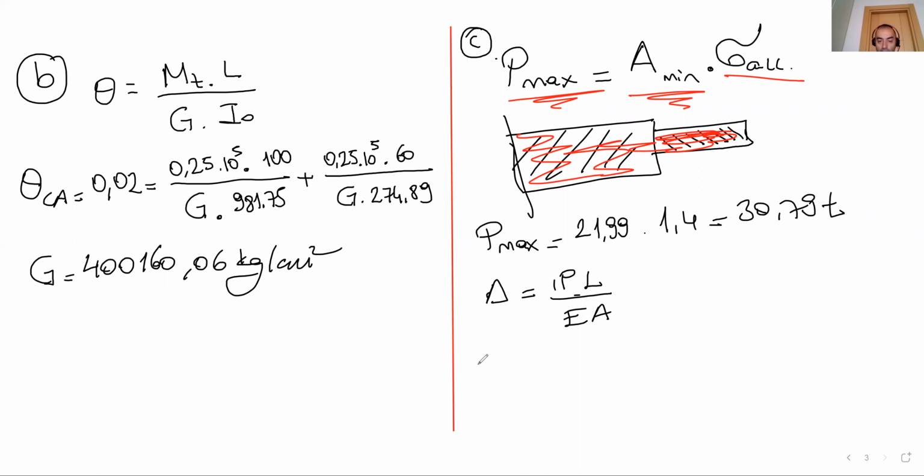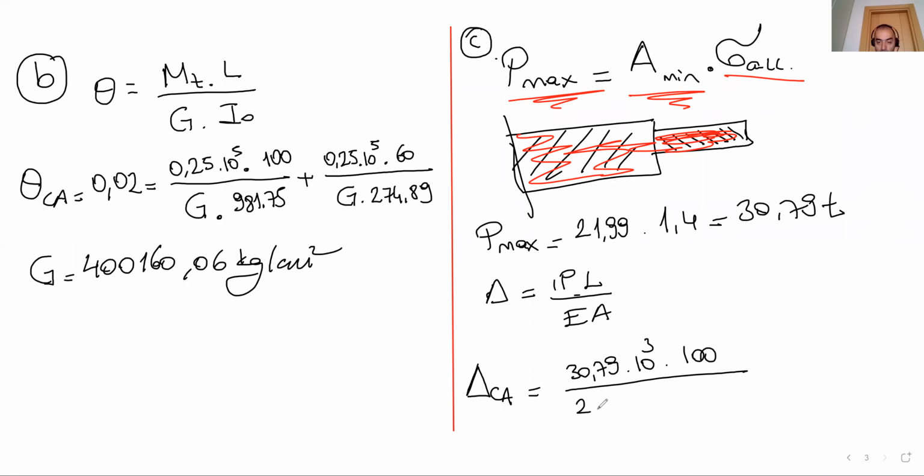So we can write this equation for each part of the member. P is P for each point of the cantilever. This is ton converted to kilogram. The length of the member, the first portion, is 1 meter, so it's 100 centimeter.